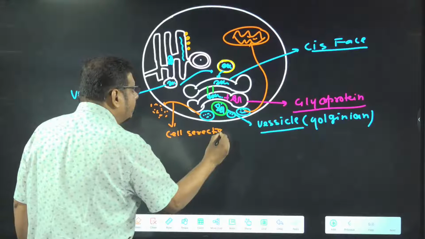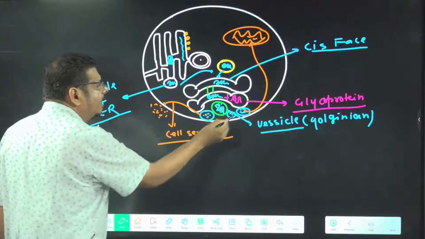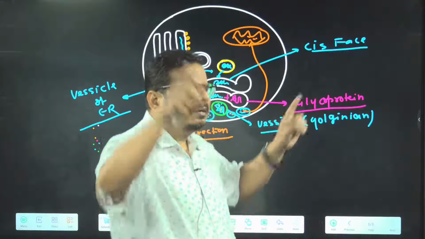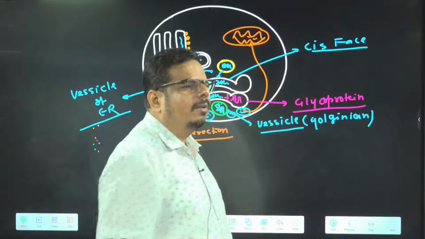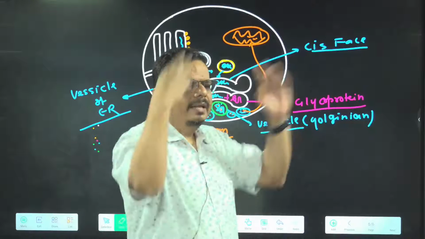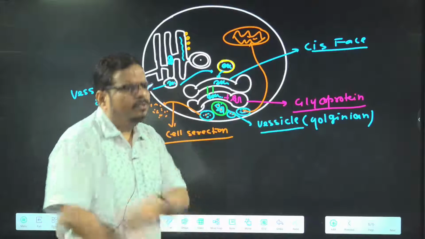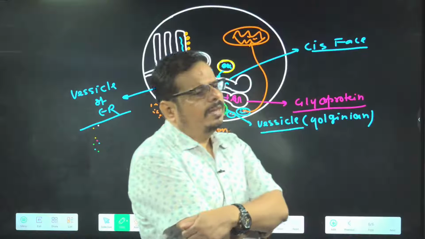So who is going where? You can think of all these vesicles as equivalent to letters. Which letter will go to which target? Which house? Either outside the house, outside the city, or inside the city. So these duties are all performed by which one? Golgi body. So which macromolecule went where?